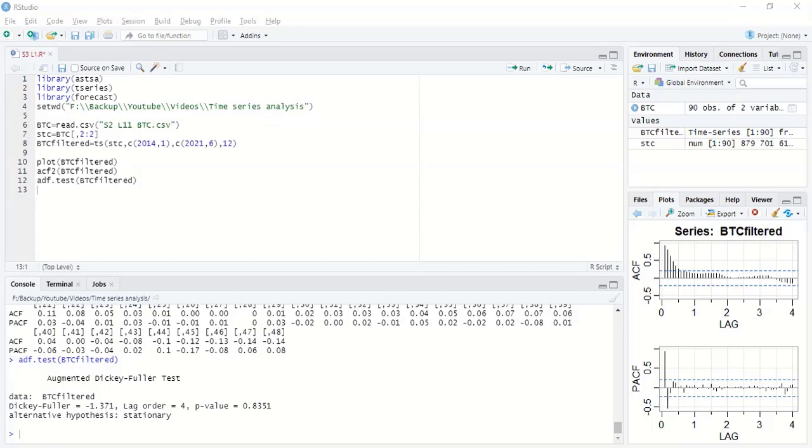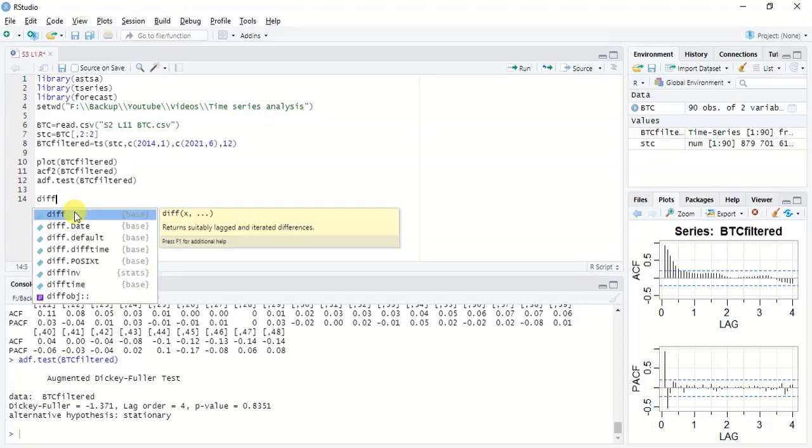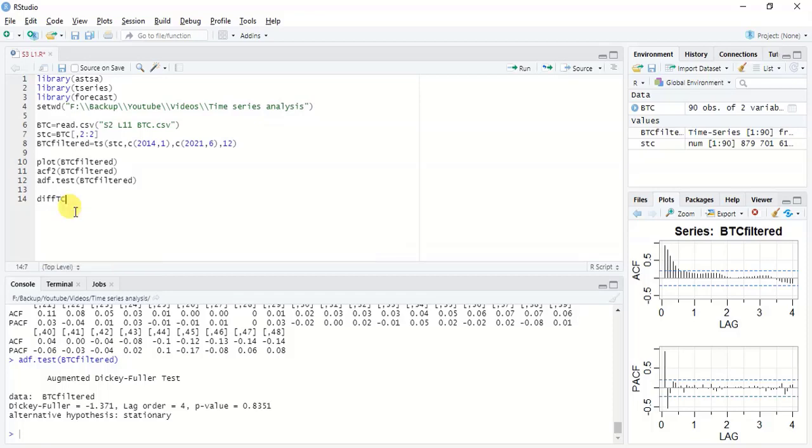To convert the non-stationary dataset to a stationary dataset, we can call the diff function. And then we can see the plot also.